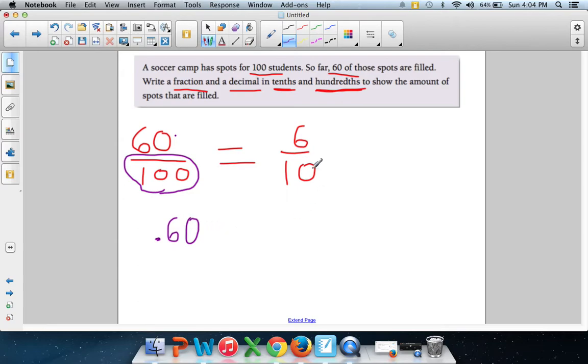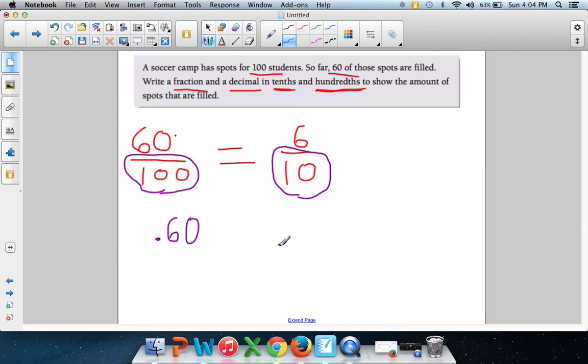What about for tenths? You know how this has an invisible zero. Do you remember the invisible zero? I hope you do, because if you do, you're going to be okay. A decimal can take the place of the tenth also, as long as you remember the invisible zero.